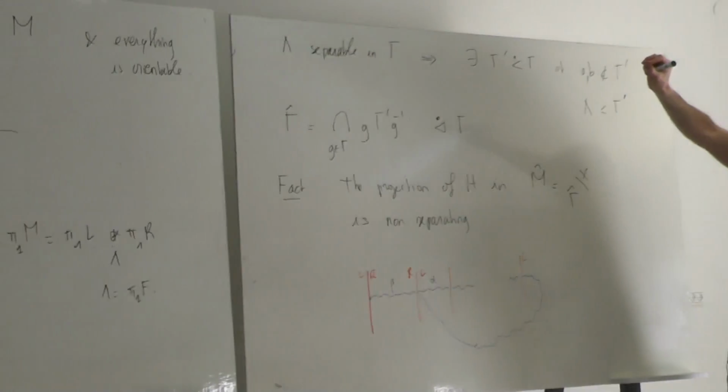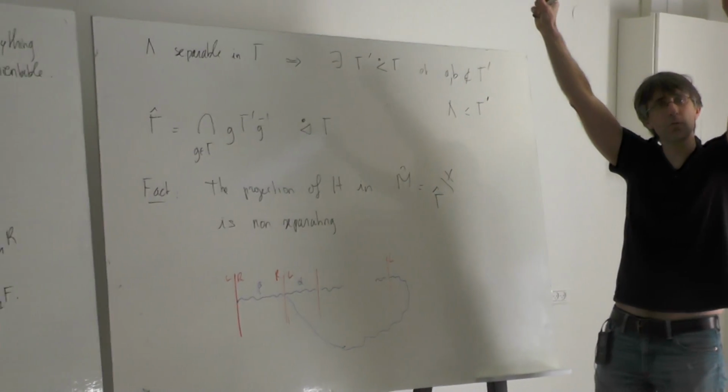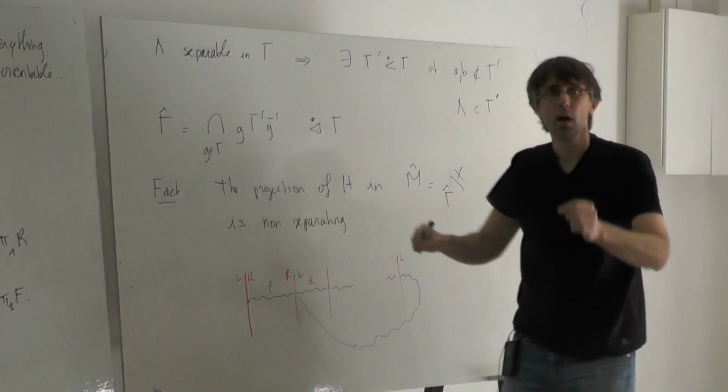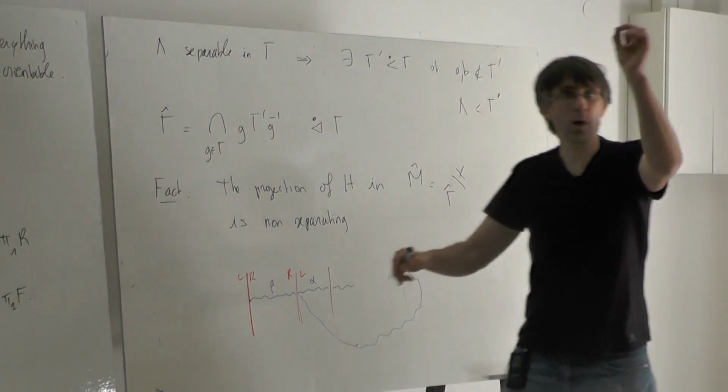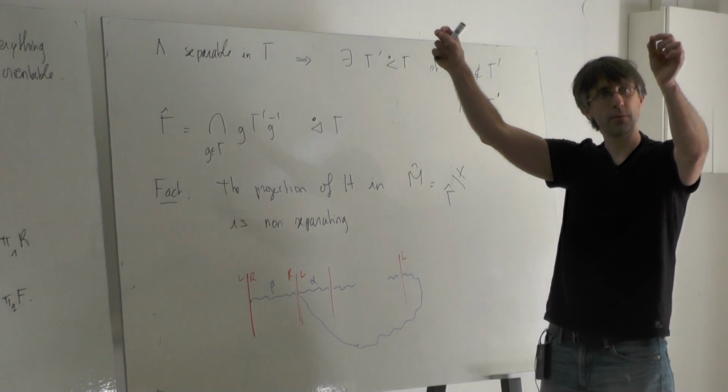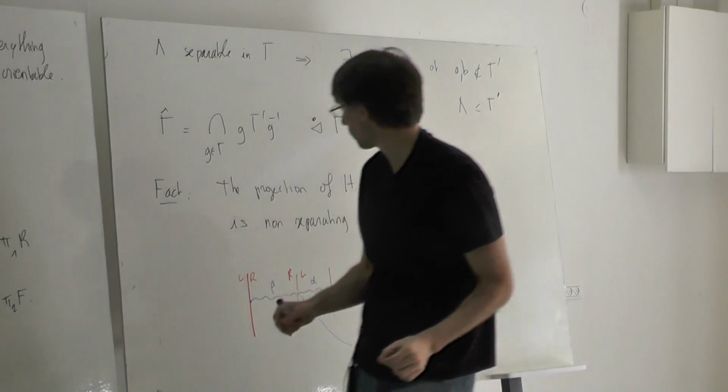A does not belong to gamma prime. So it means that the lift with respect to the base point, be careful here, it's not a Galois cover, but you take the base point, the lift goes from F, the projection corresponding to lambda, to another projection. Now if you pass to a Galois cover, it means that each lift goes from one connected component to another, really distinct connected component.